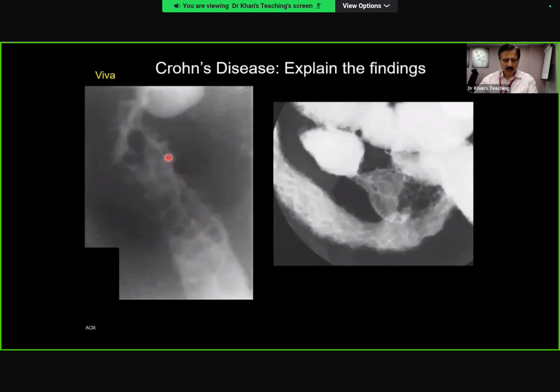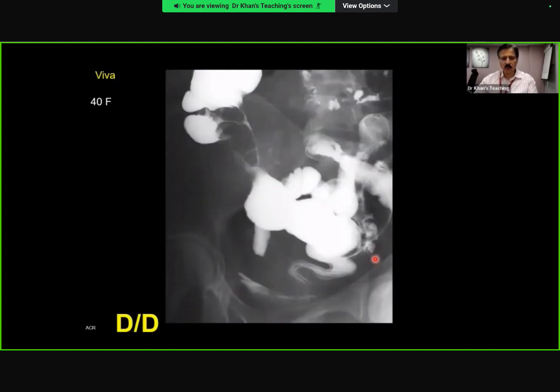If you see these in profile, look at this. This is that rose thorn type of appearance. Look at all of these which are in profile, which are projecting outside. What does it tell you? They are going into the wall. So this is intramural and these are deep ulcers. So this is Crohn's disease. Okay, candidate 10, over to you. Classical exam film.